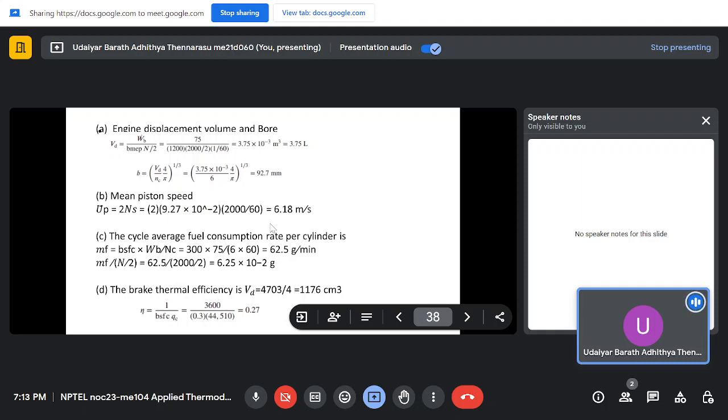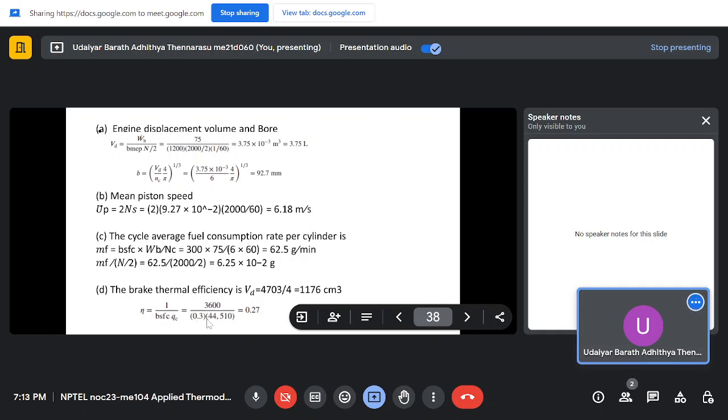So m dot f by brake power is brake specific fuel consumption. So you can substitute brake power here, and it will become 1 by brake specific fuel consumption into m dot f into calorific value. M dot f cancels, so it will come out to be 1 divided by brake specific fuel consumption into calorific value of the fuel.